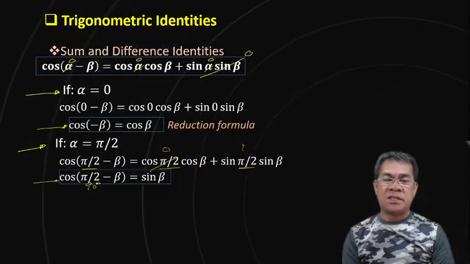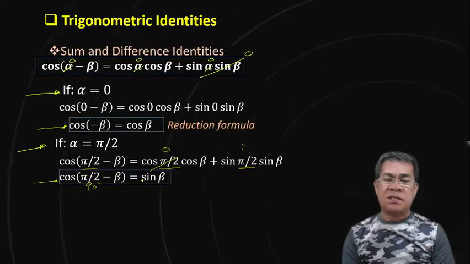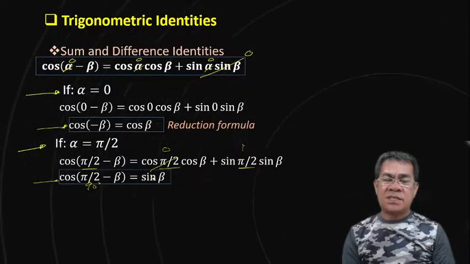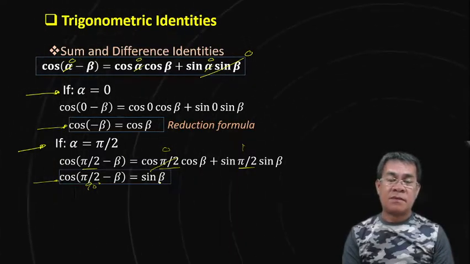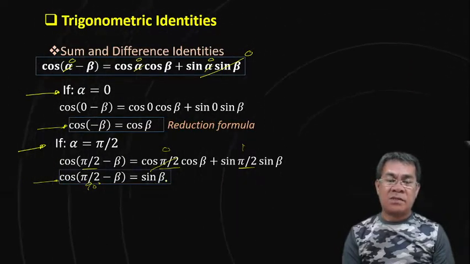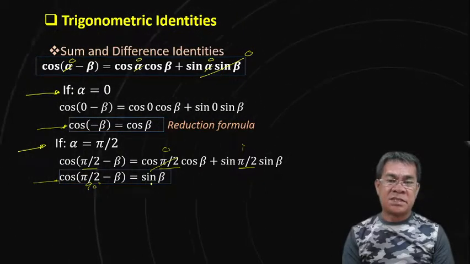Which means in this case that the cosine of this angle, which happens to be 90 minus beta, is just the sine of the complement angle. This is the complement angle. So therefore, the cosine and sine are cofactors.